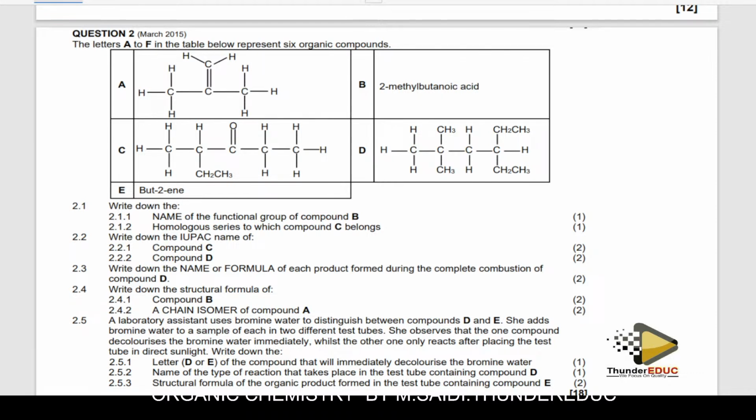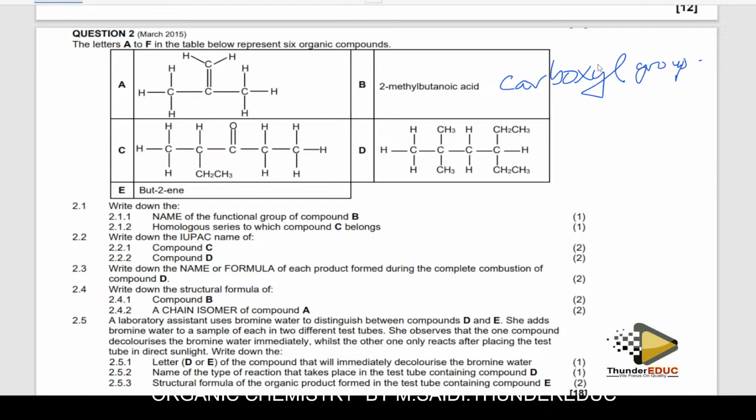So this is methylbutanoic acid. Listen, this is not an ester. No, it is a carboxylic acid, but with a side group. So the functional group here is the carboxyl group.